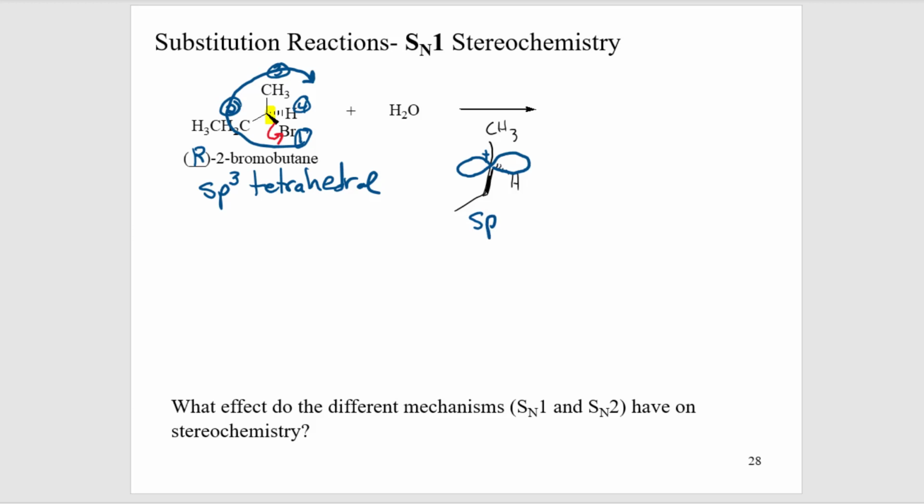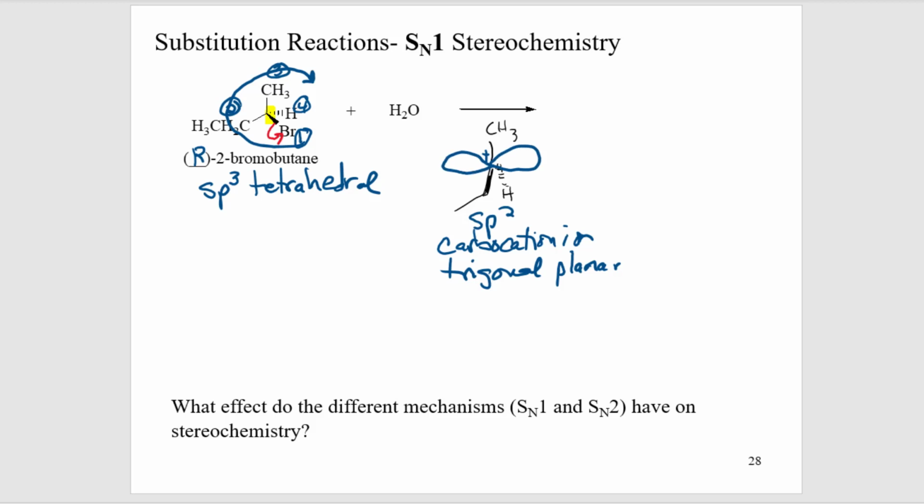This is sp2 hybridized, right? Carbocation intermediate, and it's trigonal planar. It's flat. We saw that with the hands. Maybe it doesn't look so great, let me bring my hydrogen down a little bit here. There, that's a little bit better.